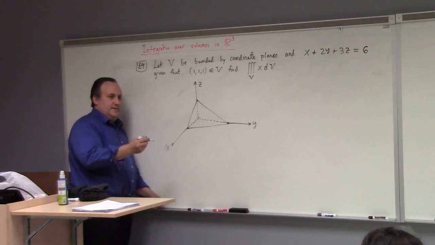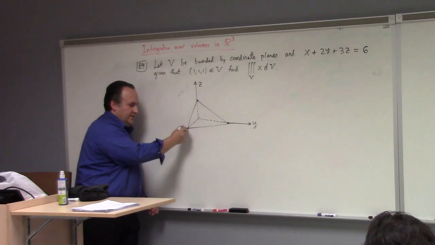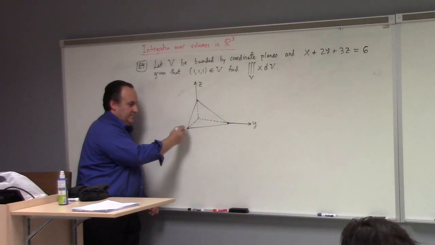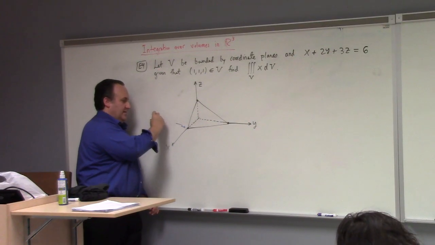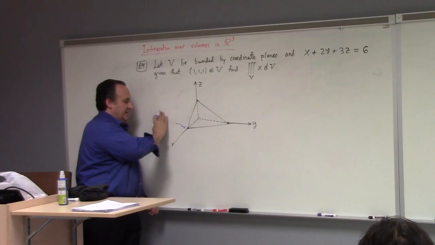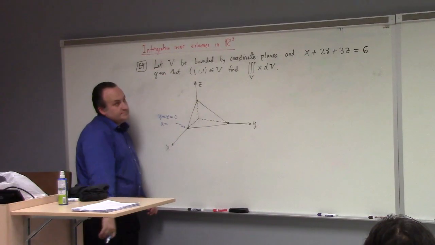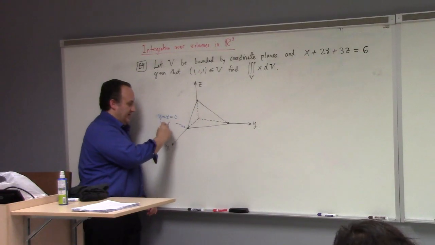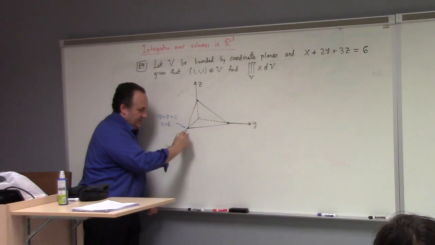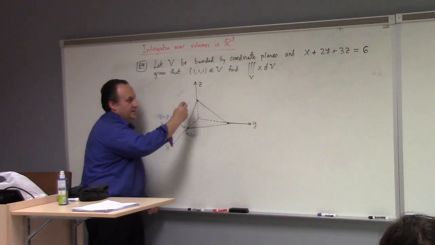Anyway. Okay. So here, this point has y equals z equals 0. So x is equal to what? 6 apparently, so this point is 6, 0, 0. How about up here?